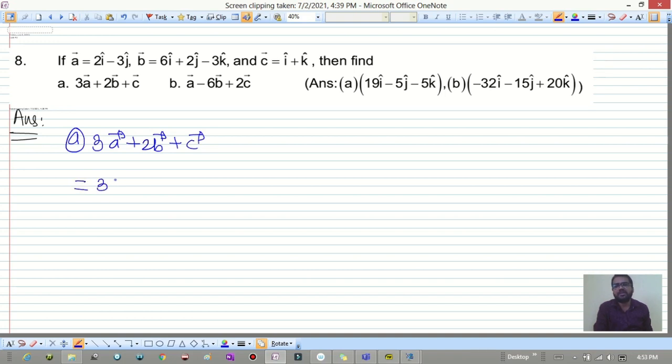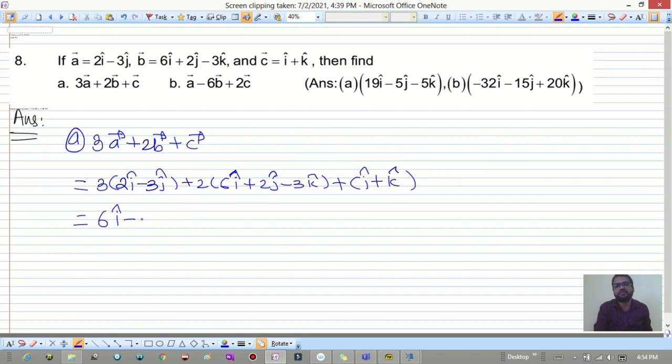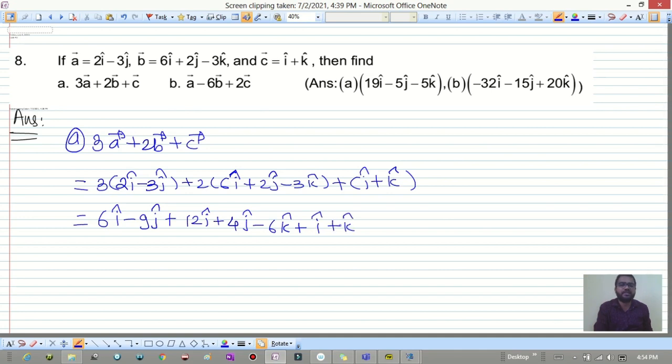a bar is 2i hat minus 3j hat plus 2k hat, b bar is given, that is 6i hat plus 2j hat minus 3k hat, plus c bar is i hat plus k hat. And as you can see, if you just multiply this, 6i hat minus 9j hat plus 12k hat, plus 4j hat minus 6k hat, plus i hat plus k hat.